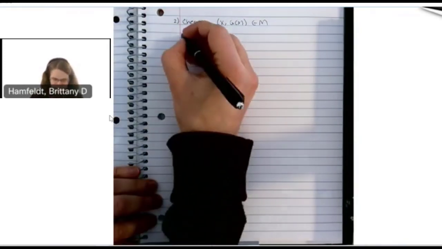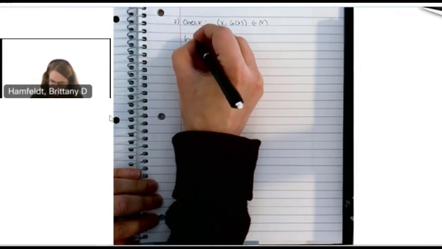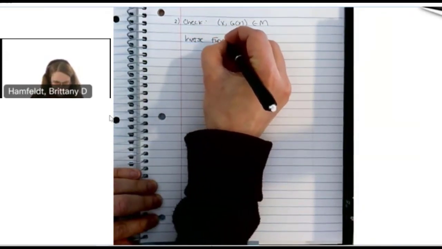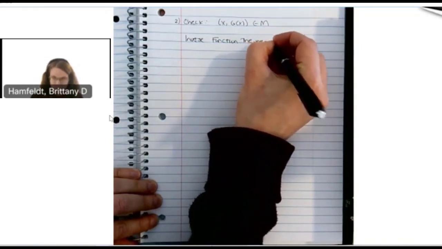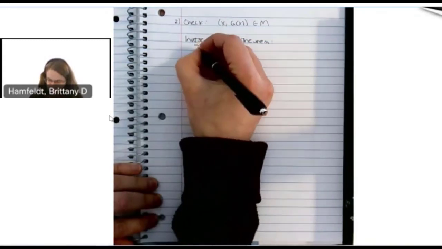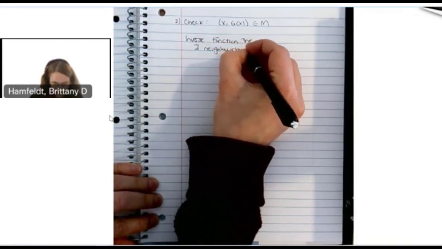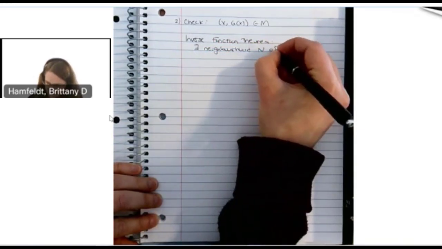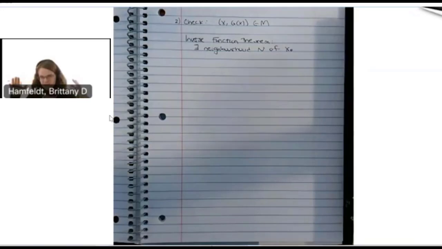So we should be able to say that from the inverse function theorem, there exists some neighborhood n of x naught. Right? The inverse function theorem is going to give us this big neighborhood of both the x naught and the u naughts.